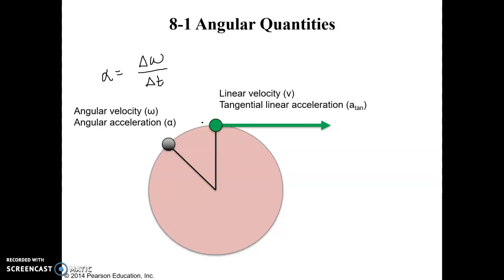And as the object accelerates in the angular direction, it will also be experiencing a tangential linear acceleration. So this is just our delta v over delta t, like our linear acceleration that we talked about earlier.